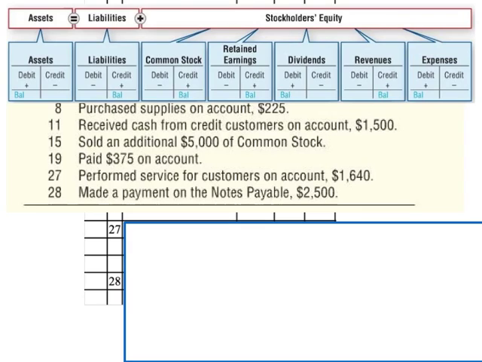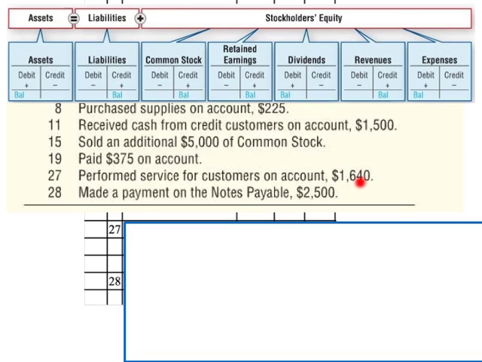Last two, performed service for customers on account for $1,640 on the 27th. So we performed a service. We've done something similar here before. We performed a service and we're going to bill our customers. They're not going to pay us right away. So once we perform a service, that will be revenue. In order to increase our revenue, I'm going to need to credit my revenue account, and then I'm going to send them a bill.